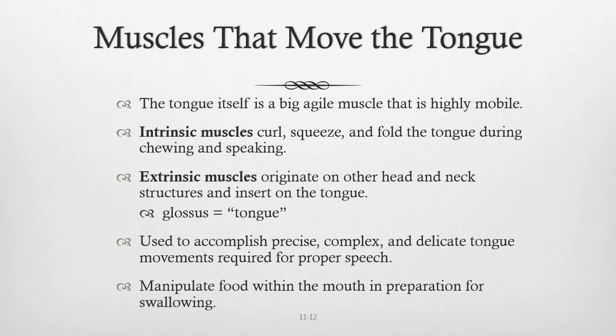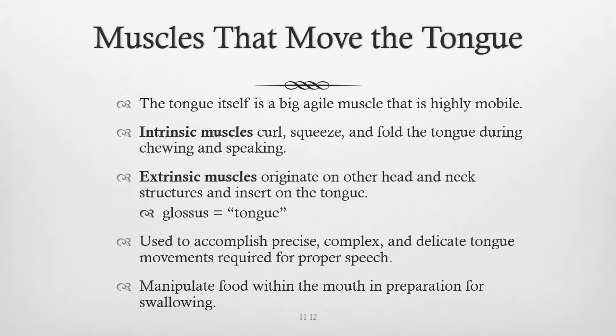And so in order to do that, we have intrinsic as well as extrinsic muscles. The intrinsic muscles are those that are found within the tongue itself. These are the ones that are going to be able to curl the tongue, squeeze the tongue, push the tongue, while we're chewing and speaking and things like that.